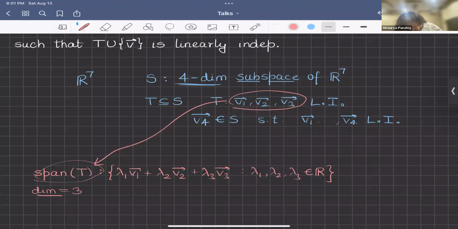So the dimension of this is 3, and the point is that S is 4-dimensional. There must be another vector which is not in this span. So that's the V4 that I can take.